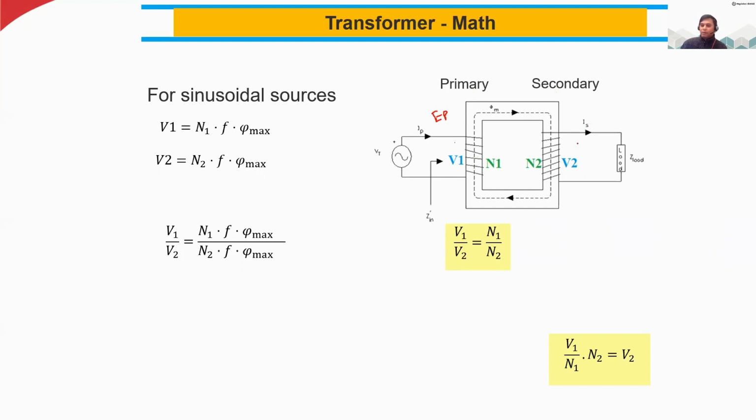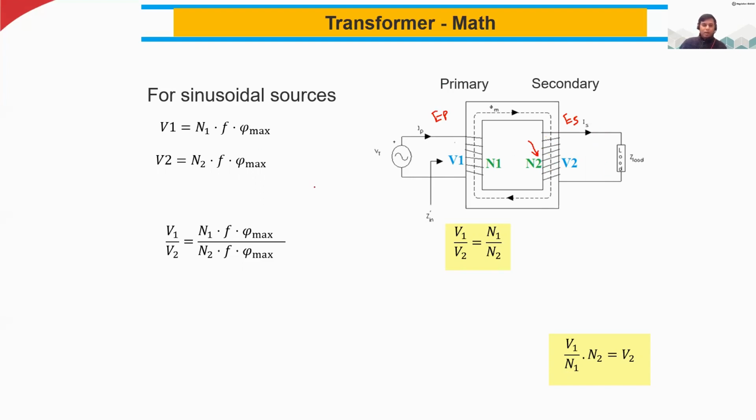Similarly, we also have E2, the induced EMF in the secondary winding. This is ES, and this is also called V2. N1 and N2 are the numbers of turns. So you can change the number of turns and make a step up or step down. And the two ends of the secondary winding are connected directly to the load.